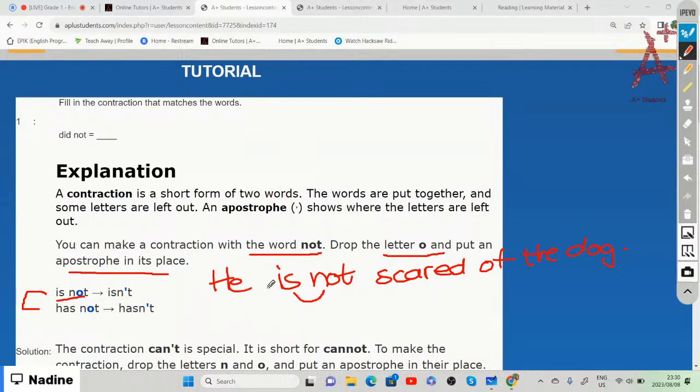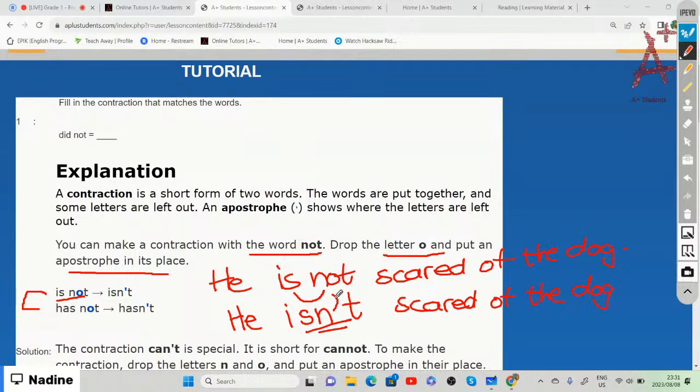So instead of saying he is not scared of the dog, we can say he isn't. We put an N, we drop the O, we put the apostrophe, we put the T. So he isn't scared of the dog.